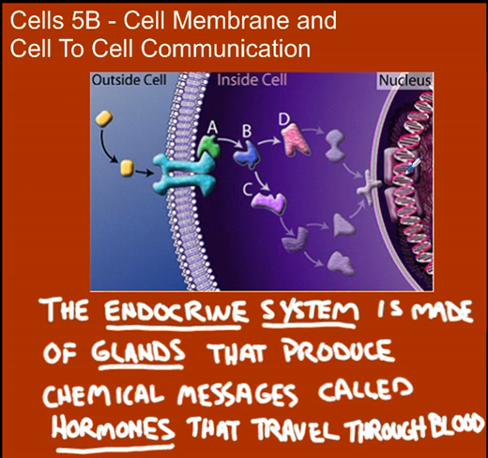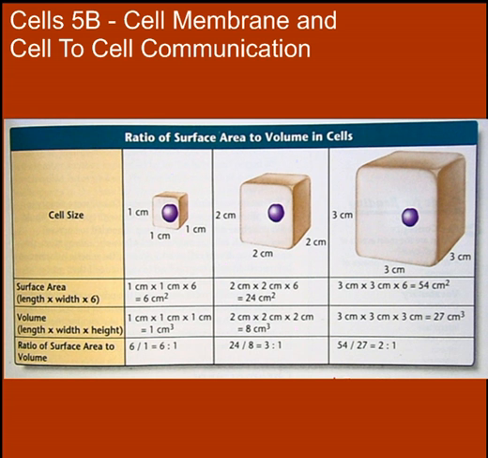Okay, there's one last thing we need to talk about with the cell membrane, and that is the cell membrane is the reason why cells are so small. Remember that the cell membrane is what controls everything that comes in and leaves the cell. And the cell membrane is the outer surface of the cell.